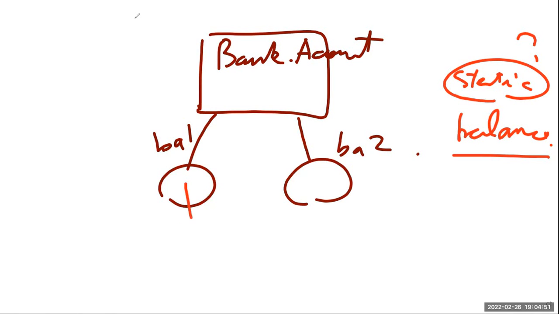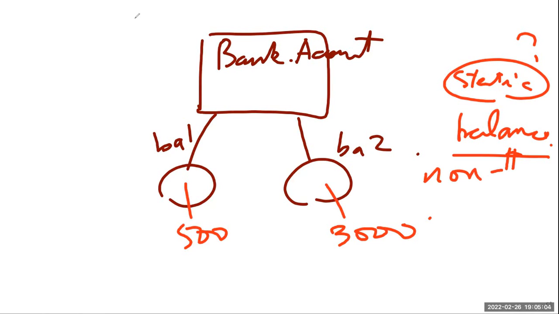So bank account 1 maybe $500, bank account 2 maybe $3,000. The balance will be different, so balance is non-static. Does that make sense? Yeah.